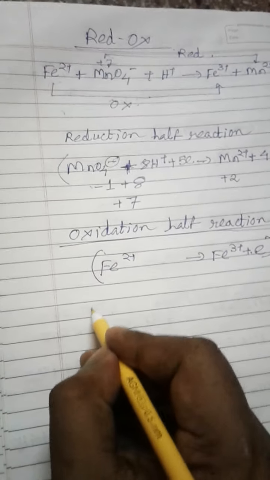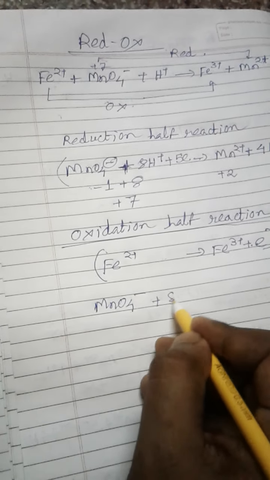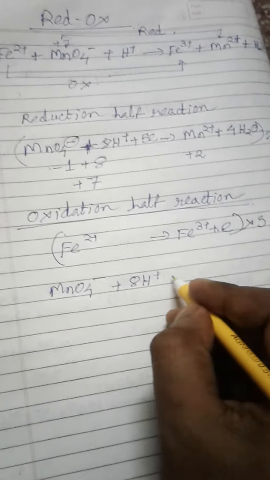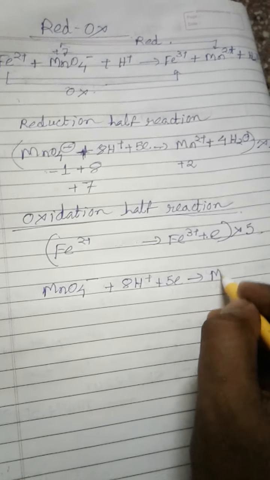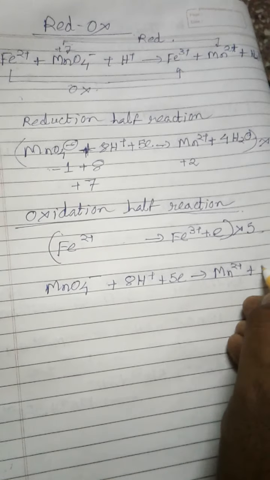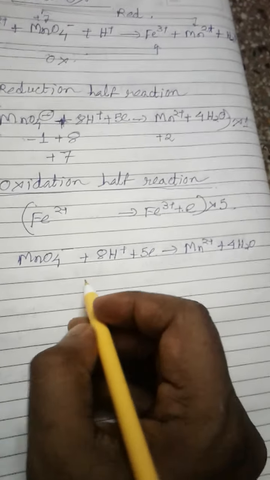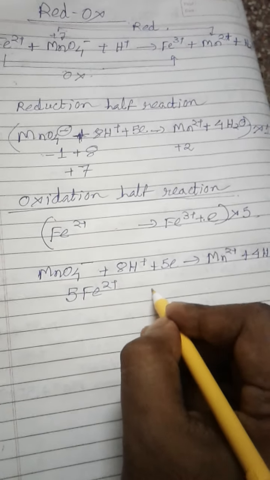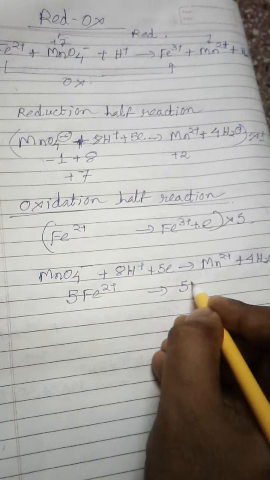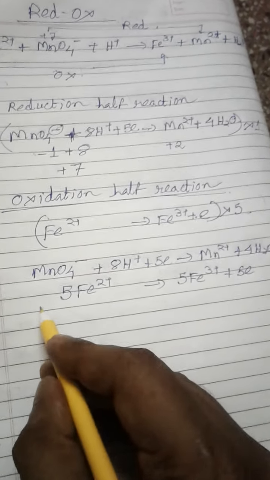After multiplying we get MnO4- plus 8H+ plus 5 electrons giving Mn2+ and 4H2O, and after multiplying the oxidation half reaction we get 5Fe2+ giving 5Fe3+ plus 5 electrons.